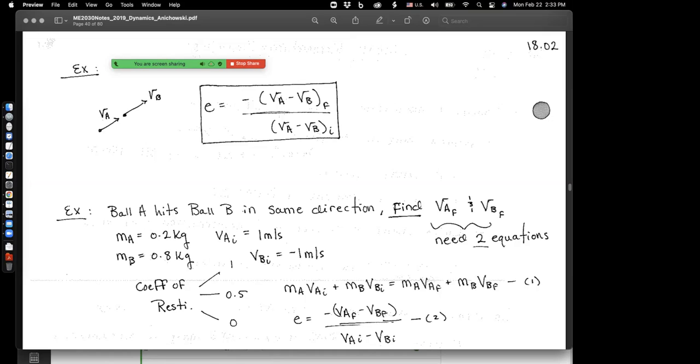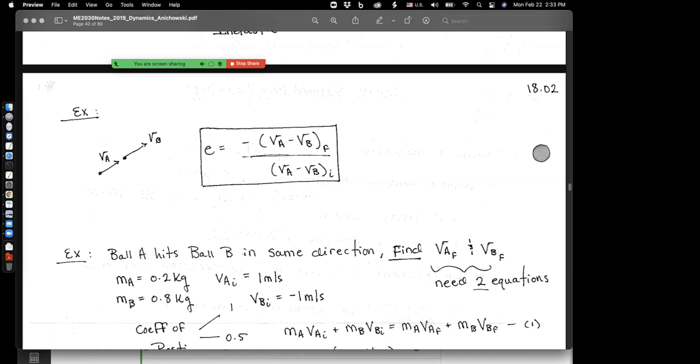If coefficient of restitution equals 1 or 0, you can still use this equation, but sometimes you can use a different equation to make your life easier. So if coefficient of restitution equals 0, if E equals 0, VA final equals VB final.